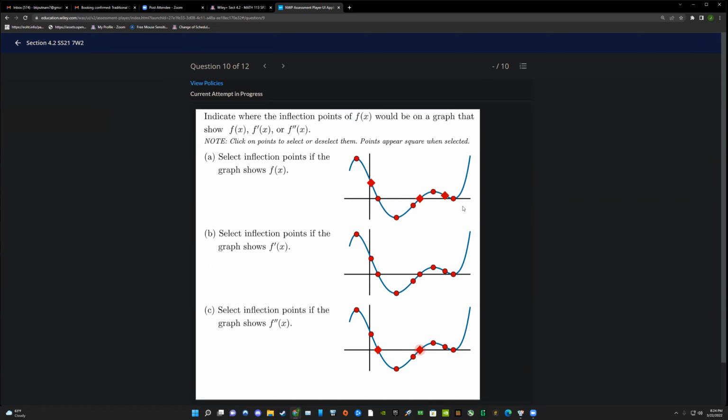When you're looking at the derivative, the inflection points occur at mins and maxes. The rules don't overlap, so that's why it's confusing. You've got to reset your rules based on which graph you're given.